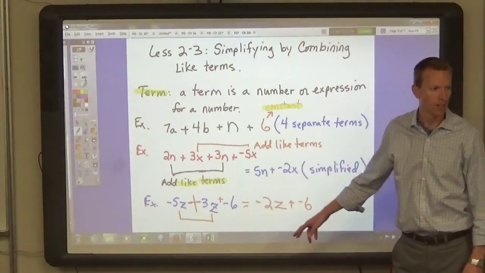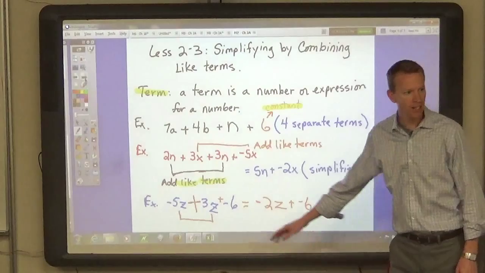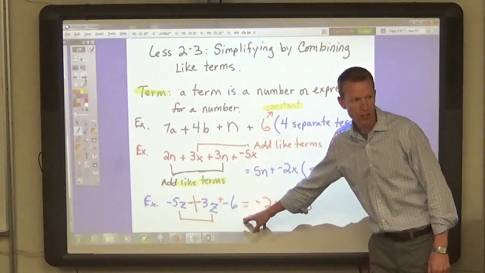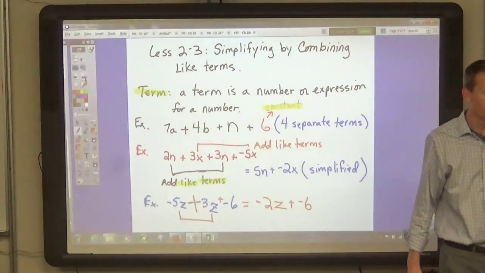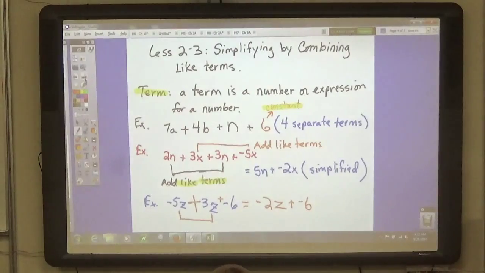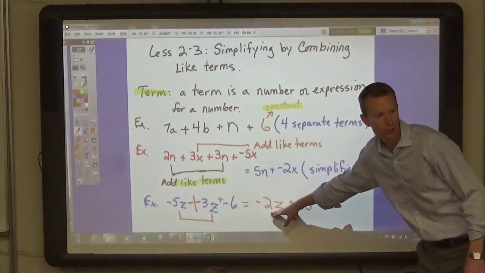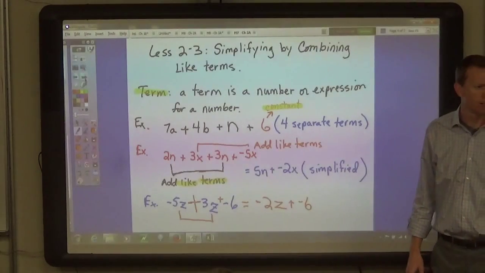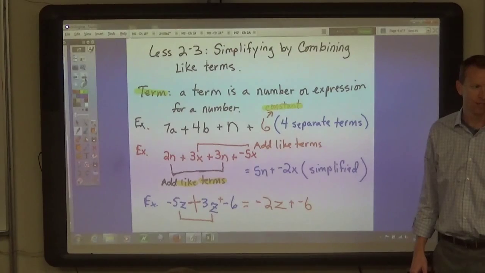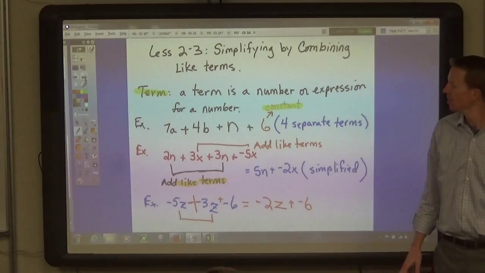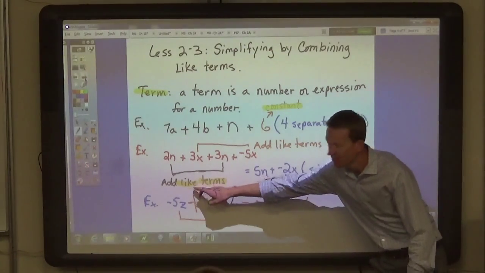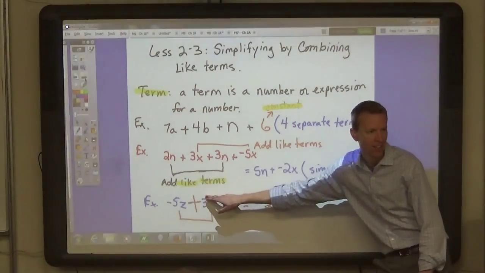What would you do with the negative 6 if that was in the expression? Garrett? Pay attention up here. What would you do with the negative 6? Could you add negative 6 and negative 2z? No. Why not? You can only add like terms.